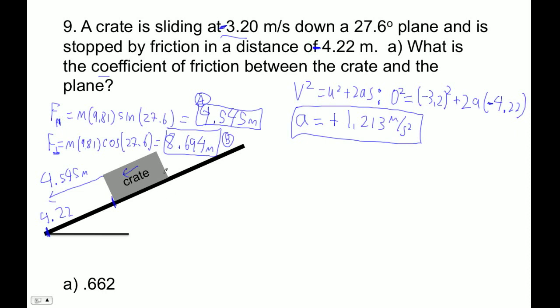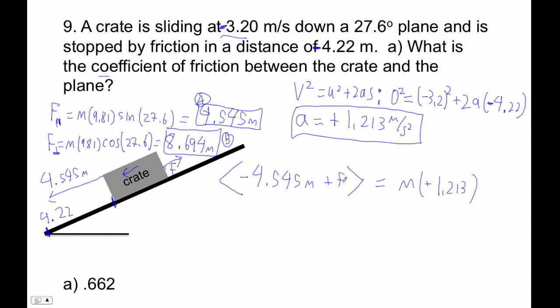Oh, it's the unknown force, right? So there's some unknown force acting this way, right? Okay, so we go negative 4.545 m plus F equals m times positive 1.213.